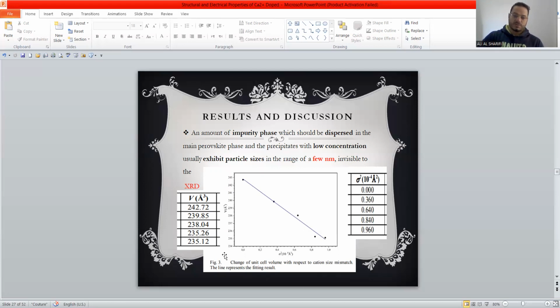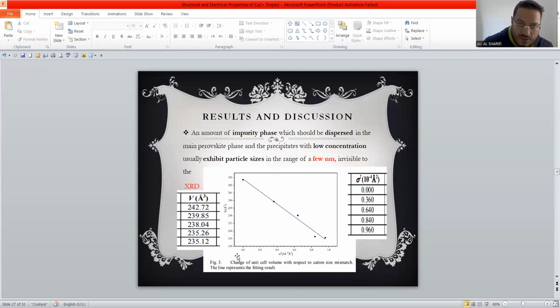Here, this plot explains the inverse relation between the volume and the mismatch. When the mismatch starts to increase, we will note the volume will decrease like that.